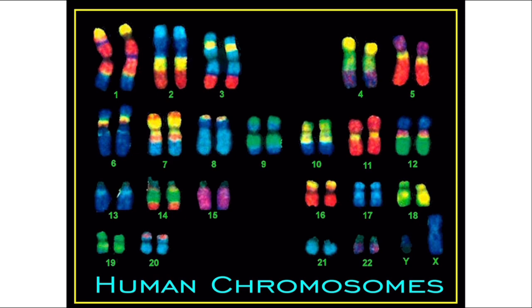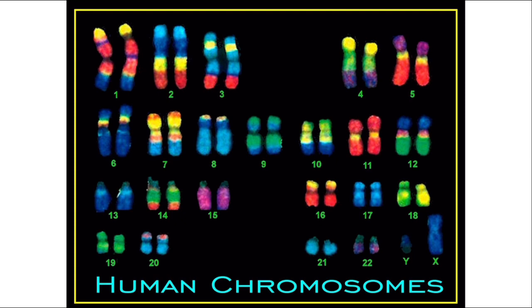So what you're looking at right now on the screen is what we call a karyotype. A karyotype is basically a visual image of all 23 pairs of your chromosomes. You should know that you have 23 pairs of chromosomes. 22 of them are your non-sex chromosomes, called autosomal chromosomes. You don't have to know that term.